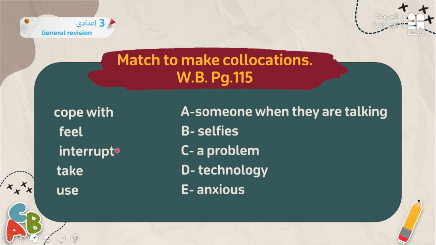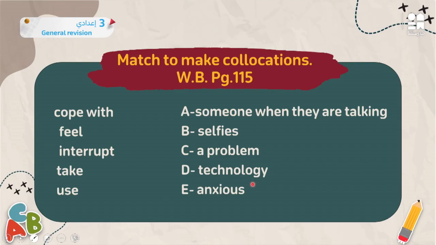Interrupt أقاطع حد. Take باخد and use بستخدم. The choices here are someone when they're talking حد لما بيتكلم. Selfies. A selfie هي kind of photo that I take اللي هي الصورة اللي باخدها عن قرب. A problem مشكلة. Technology تكنولوجيا. Anxious means worried يعني قلق.